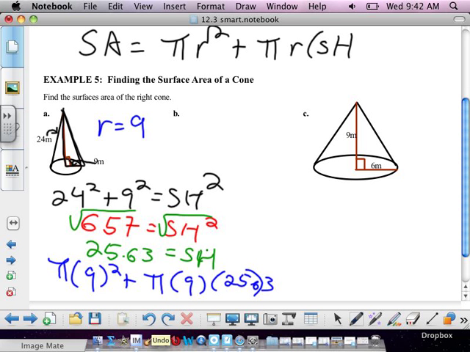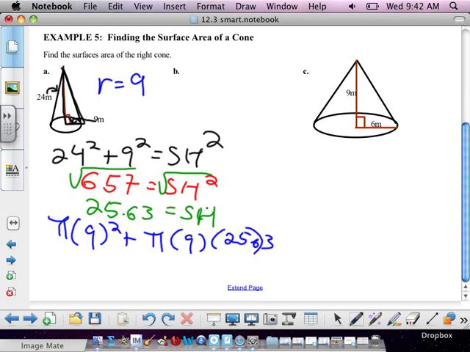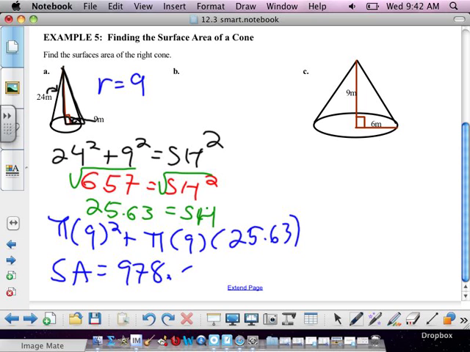I'm going to use 3.14 instead of pi today: 3.14 times 9 squared plus 3.14 times 9 times 25.63. This is 25.63, the slant height I got from right here. And I get the surface area equals 978.64.